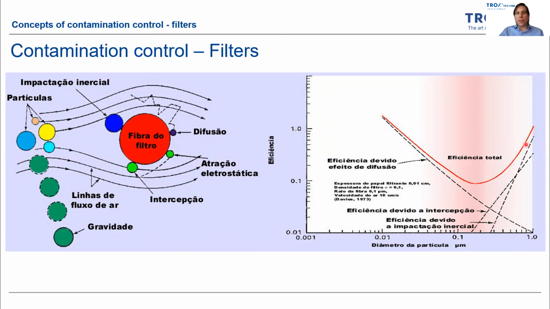So first, for the bigger particles, there is the interception, straining, and the attraction. And then for the smaller particles, the efficiency increases with the Brownian effect. So the efficiency of the filter usually is a curve like that. We have one particle size where the efficiency is lower, but for the smaller particles, the efficiency increases again.